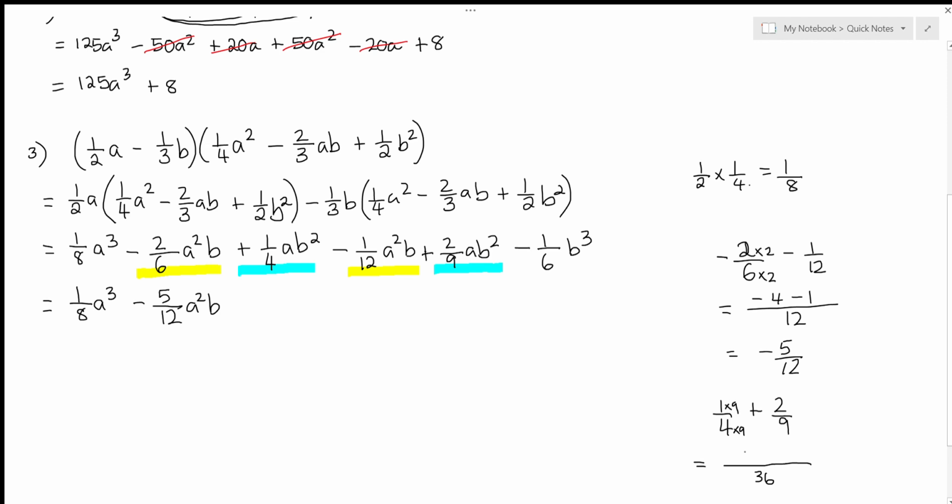That will give me 9 plus 2 times 4, which is 8. And so my answer here is going to be 17 over 36. 9 plus 8 gives me 17. So my answer is going to be negative 5 over 12 a squared b plus 17 over 36 ab squared minus 1 over 6 b cubed. And that's the final answer.